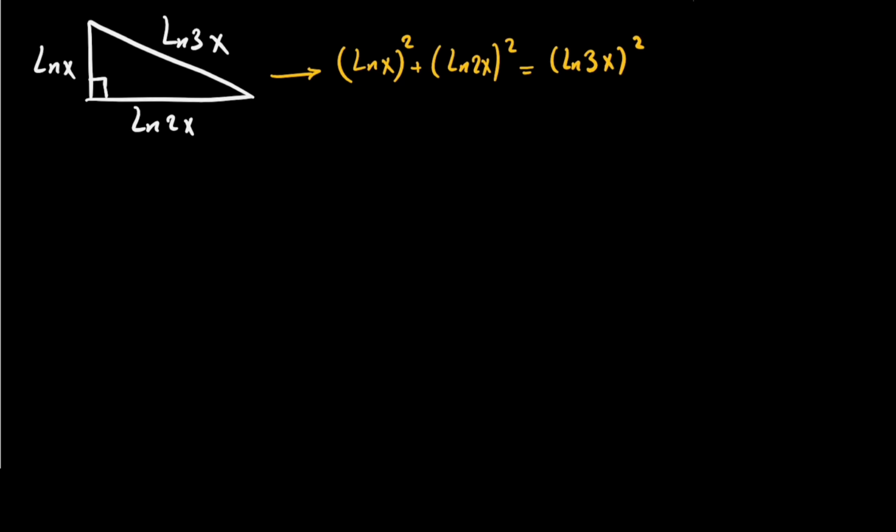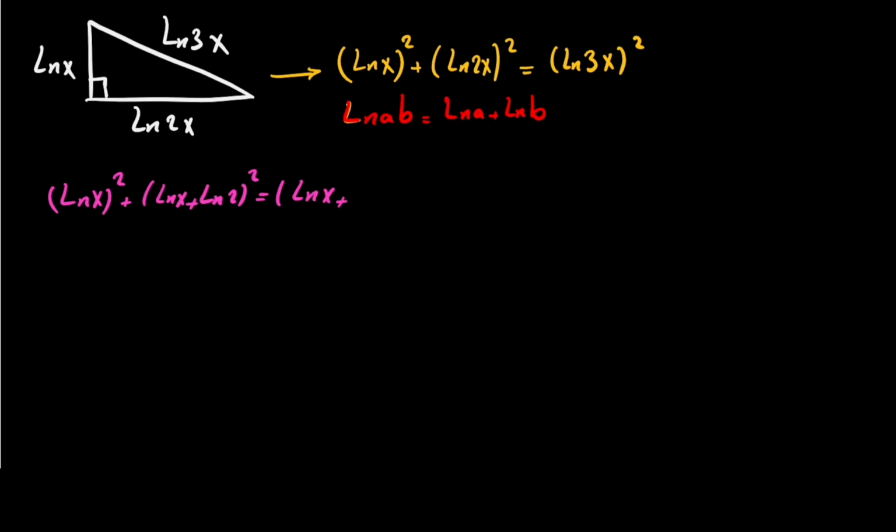And of course, you know that, for example, if you have ln ab, that is a times b, you can write it as ln a plus ln b, right? So here we can write (ln x)² plus (ln x plus ln 2)² equals (ln x plus ln 3)².